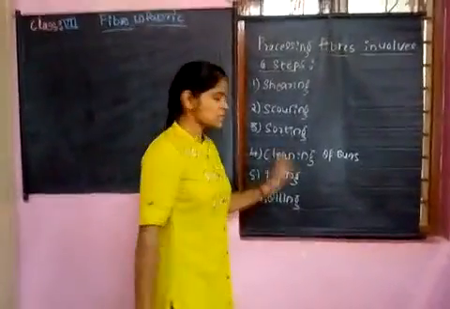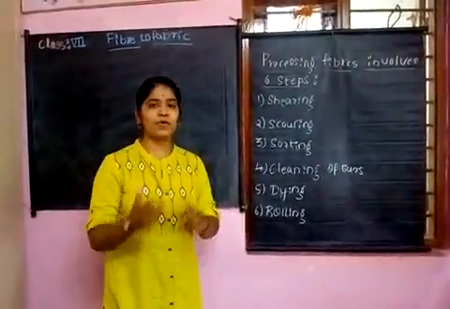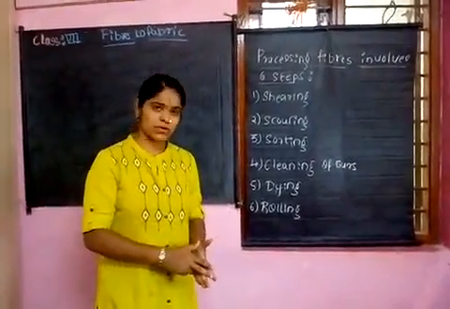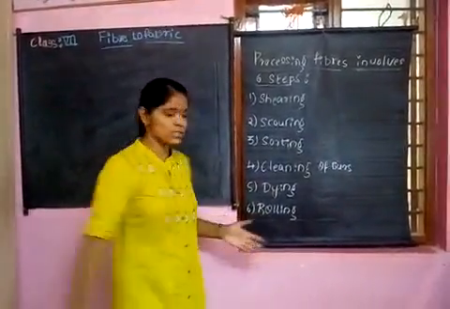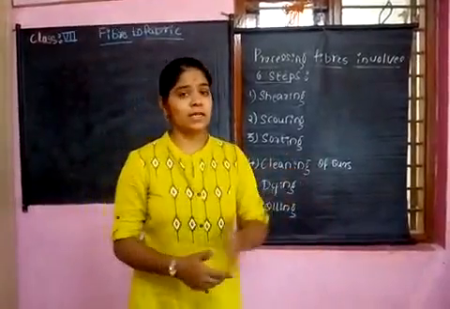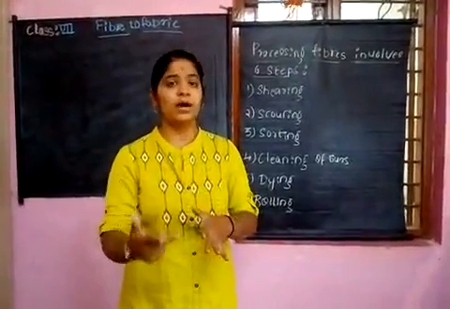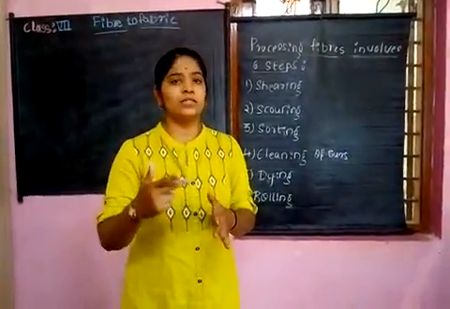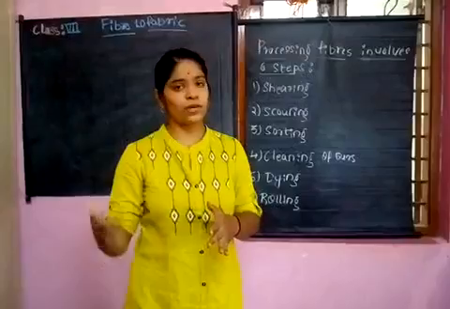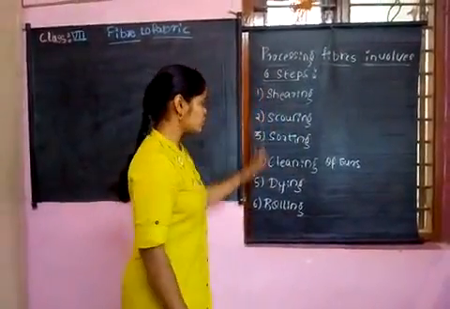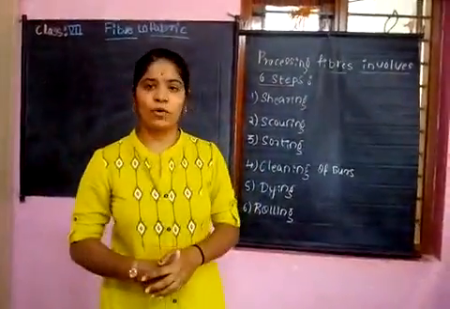And the next process is dyeing. As I told you, dyeing is nothing but the adding of colors to the fibers. Okay, that process we call dyeing. And here, rolling means whatever materials are dyed and cleaned are combed and chopped into straightened fibers or wools, which is the useful form of the wool. From all these 6 steps, we got the fibers into a useful form of the wool.